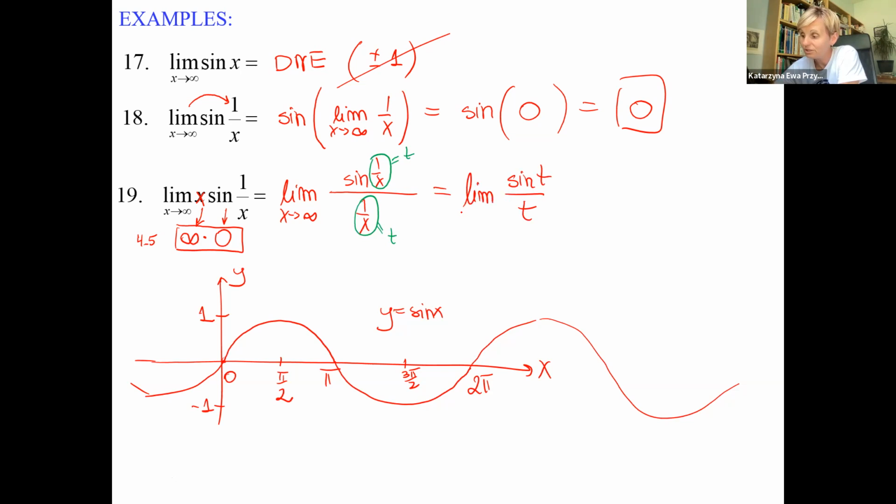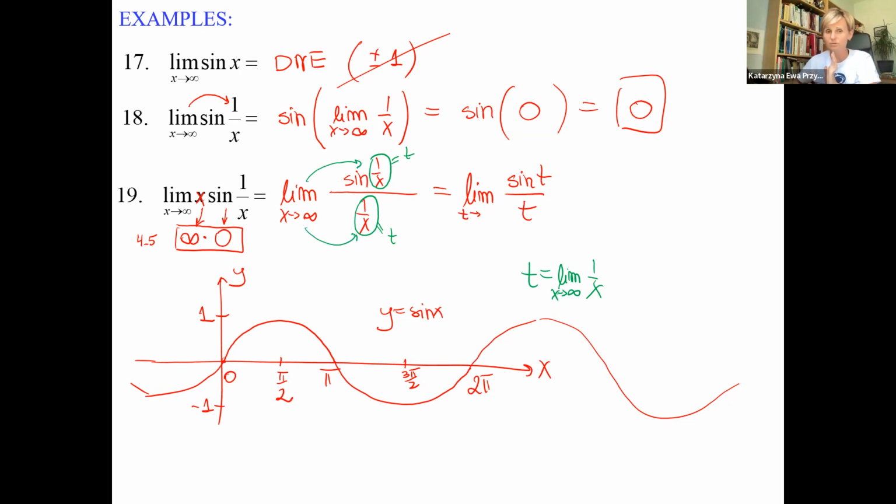Since I have t, I would like to know what t does. t is defined as the function 1 over x, with the behavior at infinity. That means it's a limit, the behavior at infinity, because we have to evaluate this.